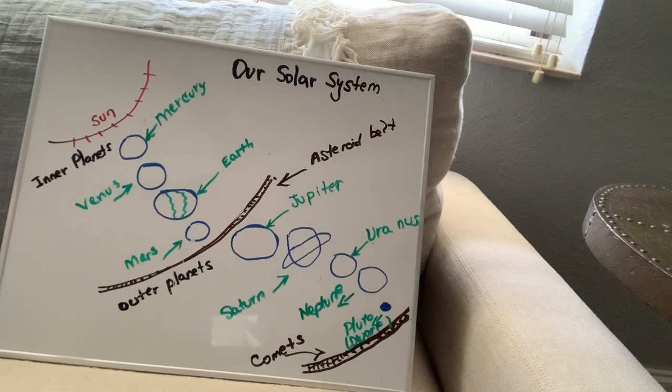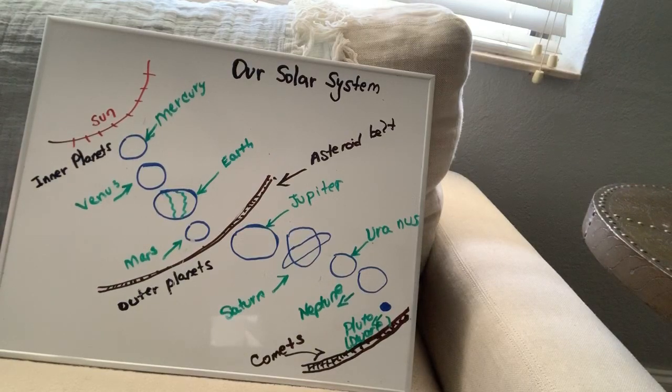Jupiter is the largest of all the planets in our solar system and is known for its great red spot, thought to be a continuous storm. Saturn is the planet with the obvious rings. This one's here. It is the second largest planet in our solar system. Uranus is the 7th planet from the sun, and it's nicknamed the ice planet.